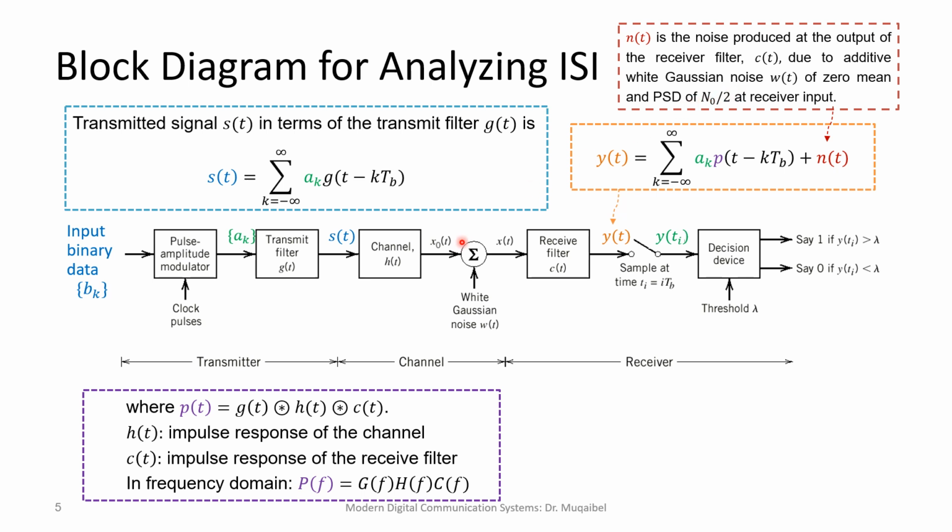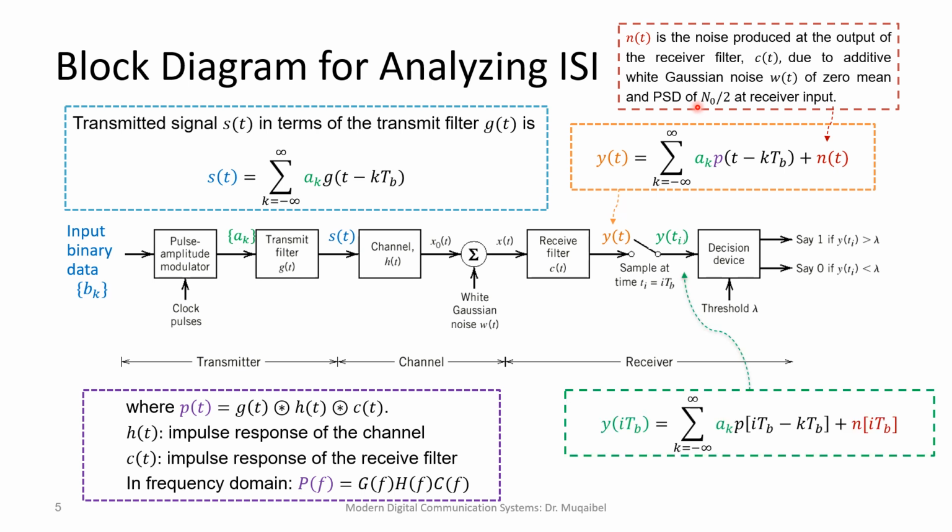So the white noise is Gaussian with zero mean and power spectral density of N naught over 2. After sampling, we get Y of t. I'm using green color here to show you. Then instead of small t, which is valid at any time, we would be using multiples of capital TB. So we have I, integer multiples of TB, because this will be sampled at multiples of the pulse duration or the bit duration.